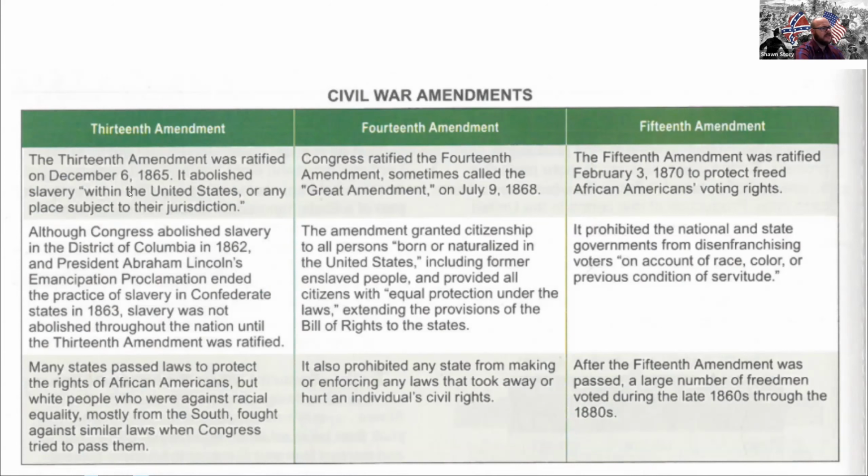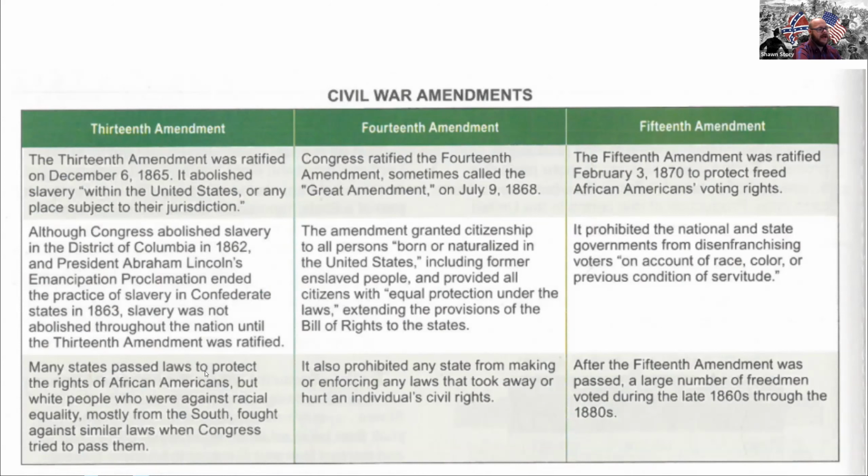Let's look at the 13th Amendment. The 13th Amendment was ratified on December 6, 1865. It abolished slavery within the United States or any place subject to their jurisdiction. Although Congress abolished slavery in the District of Columbia in 1862, and President Abraham Lincoln's Emancipation Proclamation ended the practice of slavery in Confederate states in 1863, slavery was not abolished throughout the nation until the 13th Amendment was ratified.